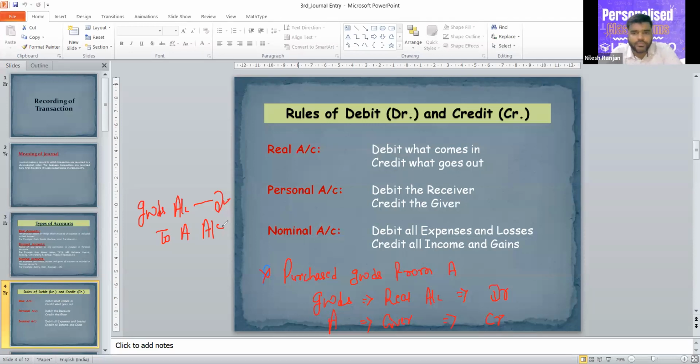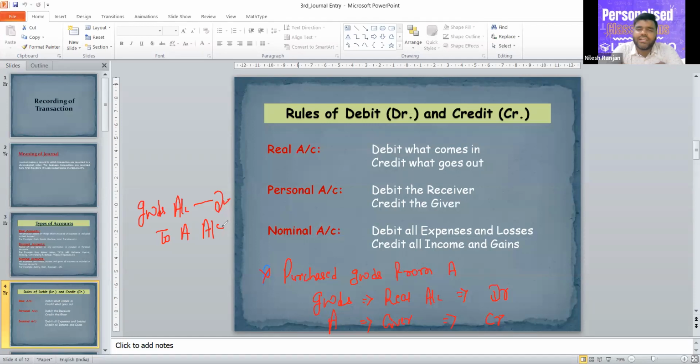Which account is debited? Debtors. Debtors account to cash account? No. Debtors account to A account.